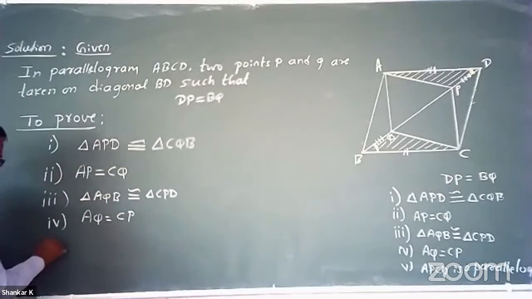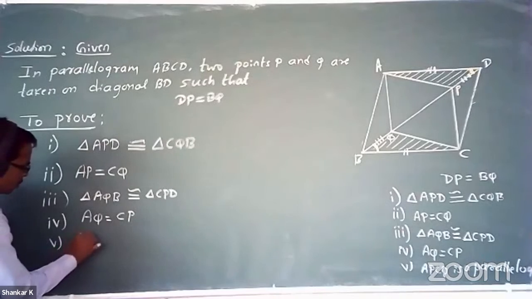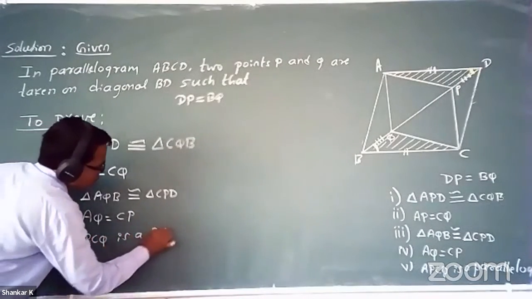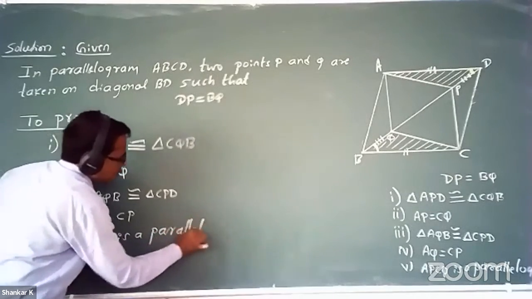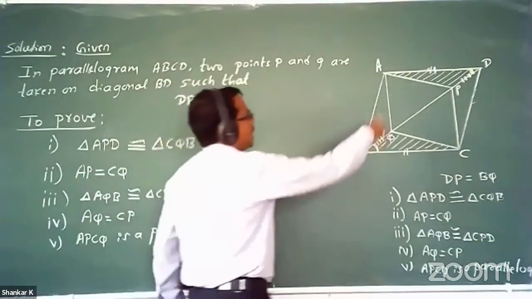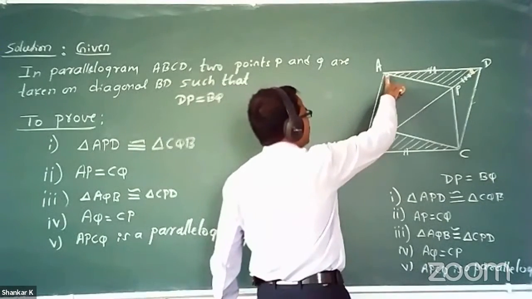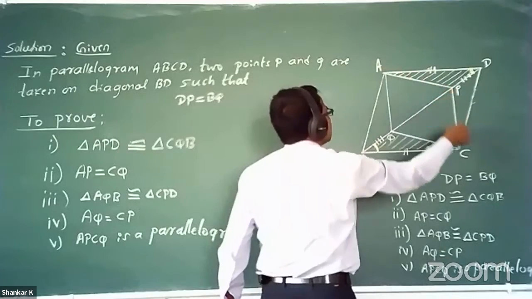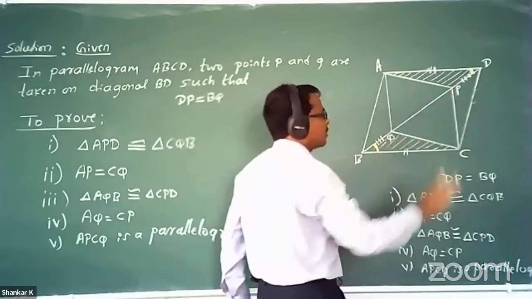Then fifth point, APCQ is a parallelogram. We should show APCQ is a parallelogram.